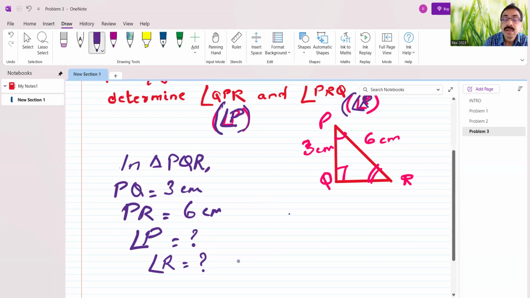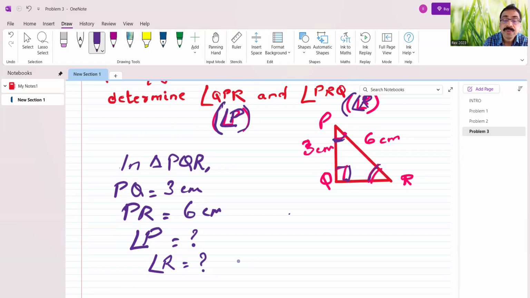If I find out this angle, with the help of this and the 90 degrees, I can find the remaining angle R, because you know that in a triangle, the sum of all three angles is 180.